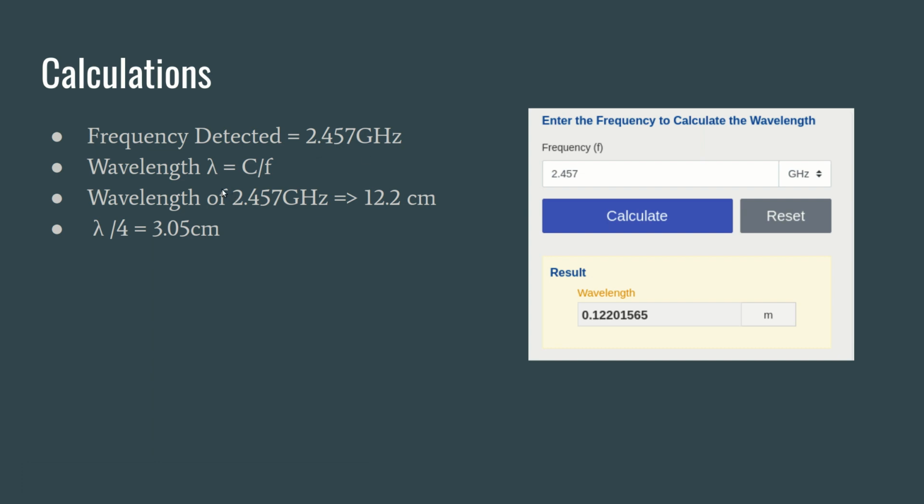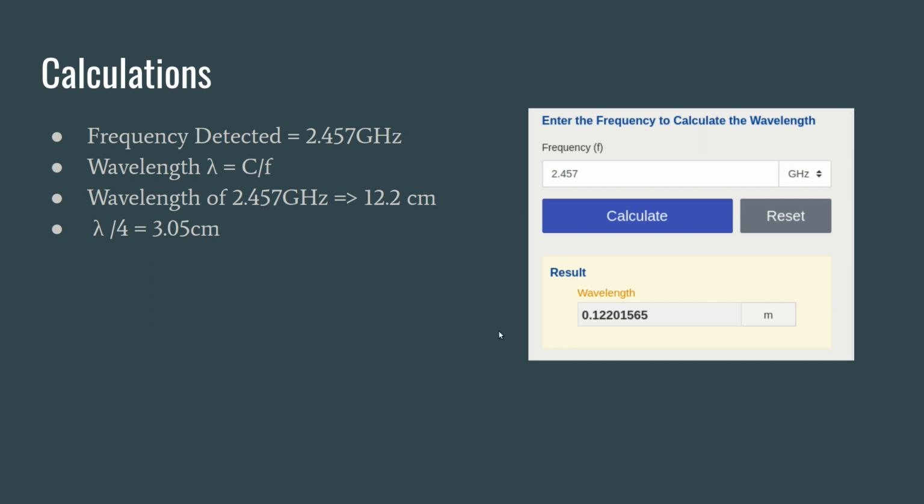The wavelength calculation goes by the equation C by F. C is the speed of light and F is the frequency. So the wavelength of 2.457 gigahertz is 12.2 centimeters. A quarter of the wavelength is around 3.5 centimeters.